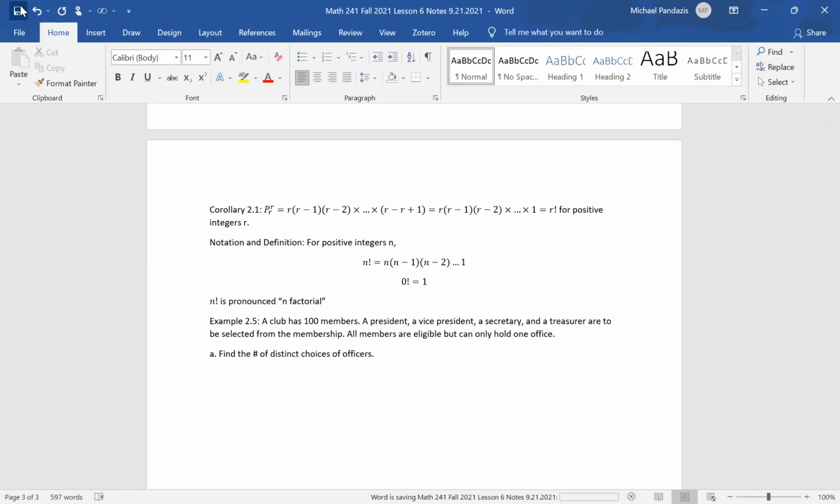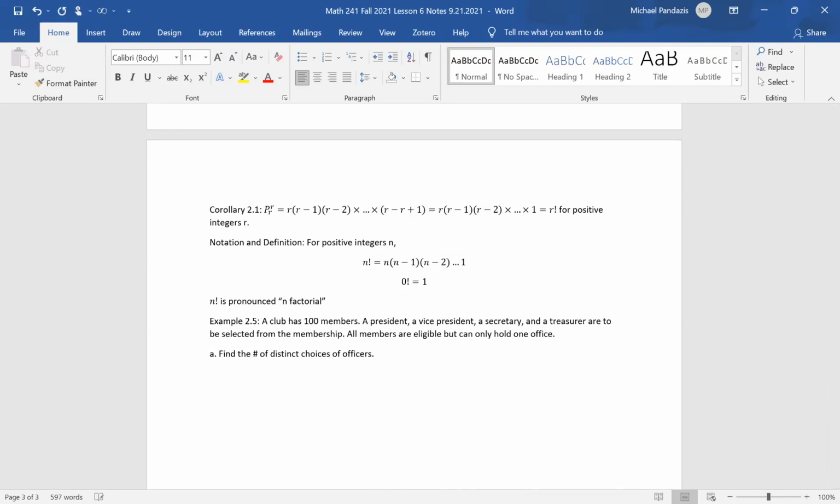Okay, so how many ways are there to choose a president, a vice president, secretary, and a treasurer from this club with 100 members where everyone is eligible, but everyone can only hold at most one office? You can't have someone be both the president and vice president.